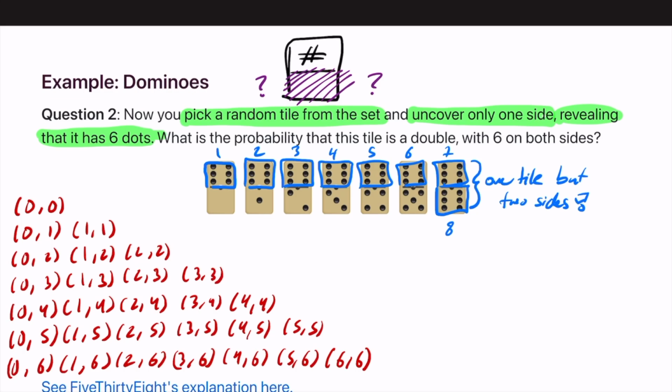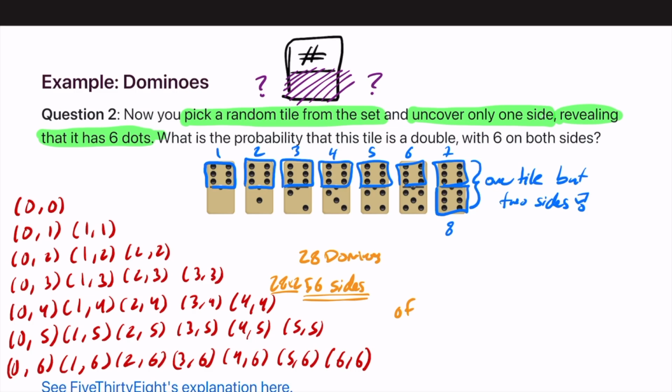So we have 28 dominoes, and we have 56, so 28 times 2, so 56 sides. And of the 8 half dominoes that are equal to 6, only 2 are across from another 6. So, right, what is the probability that this tile is a double?